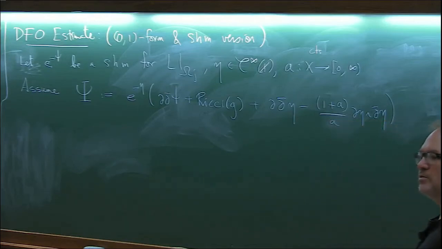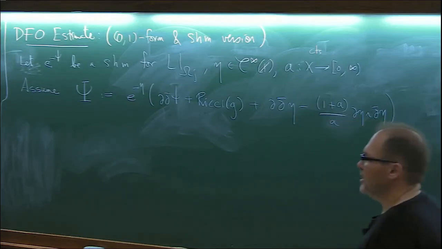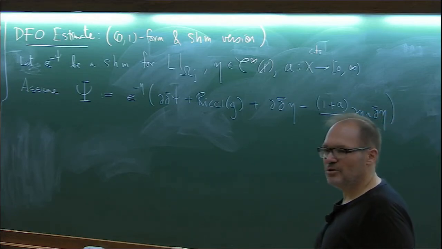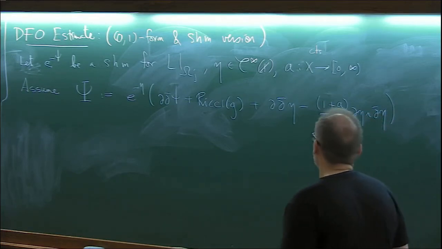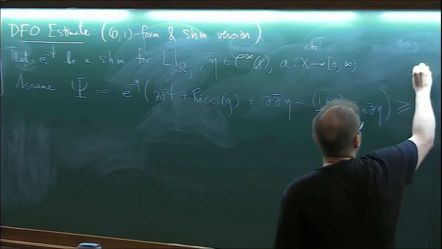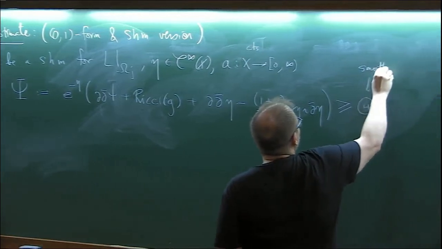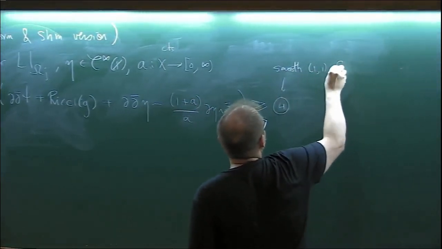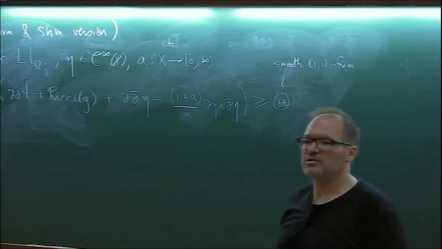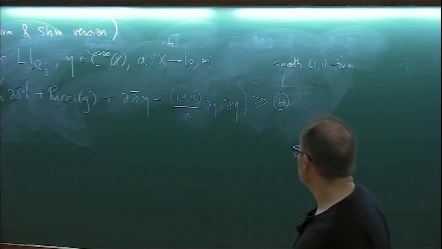Now this is a current, so we can certainly say that it's positive, but in the L2 estimates, it will be difficult to measure the norm with respect to the inverse of this current. So we don't want to do that. Instead, we just want to say that it's greater than or equal to some smooth 1-1 form in this case. Usually it would be an endomorphism of the vector bundle, but since these are line bundles, the endomorphism is just the identity.